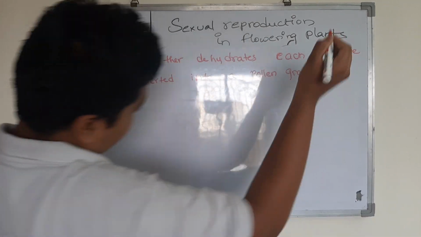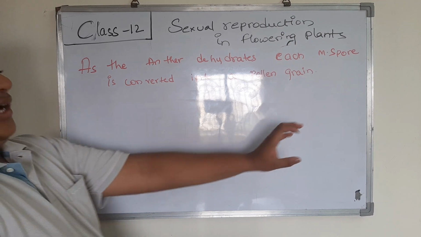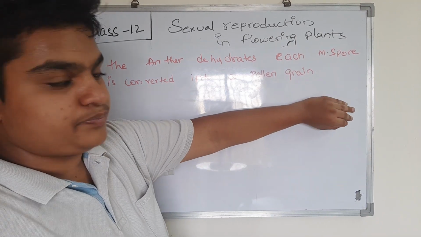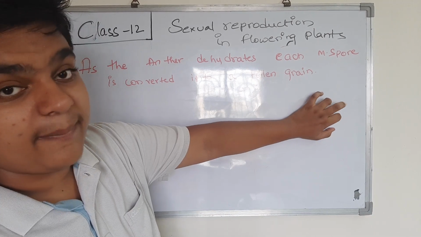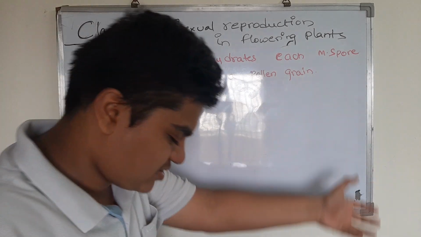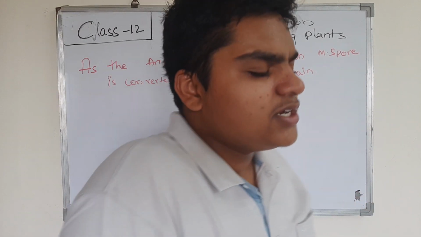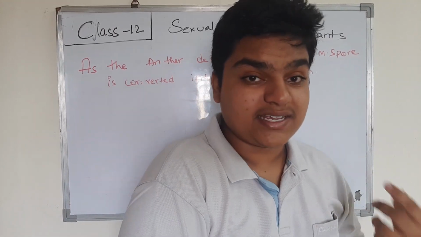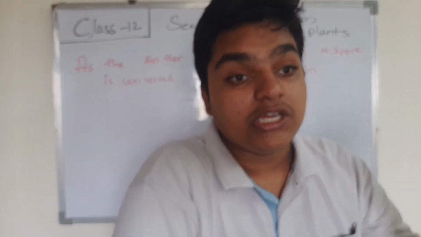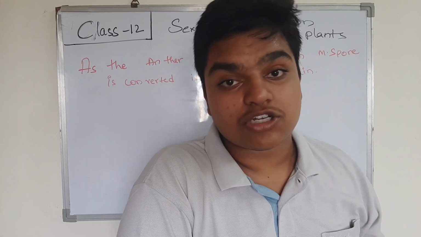A cluster of cells at the middle of the microsporangium is called sporogenous tissue, and each cell in that sporogenous tissue acts as a pollen mother cell and forms microspore tetrads.